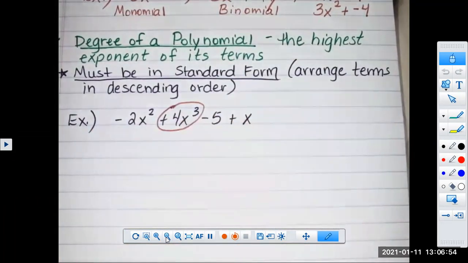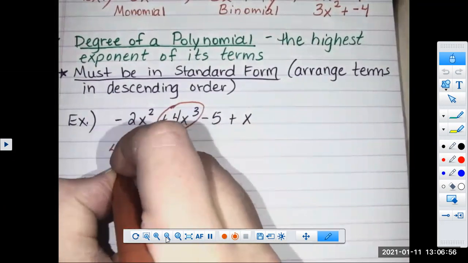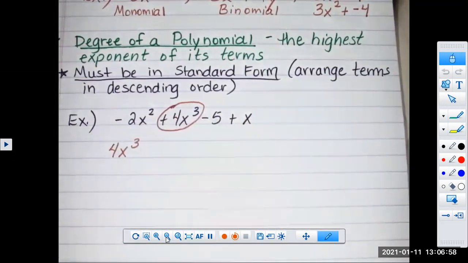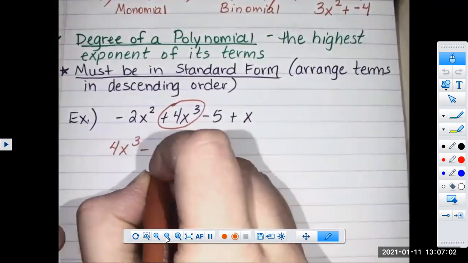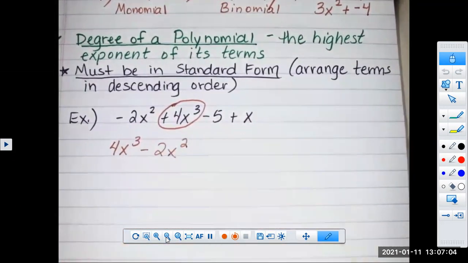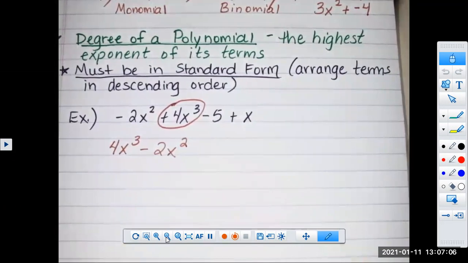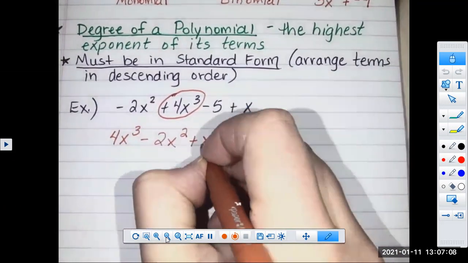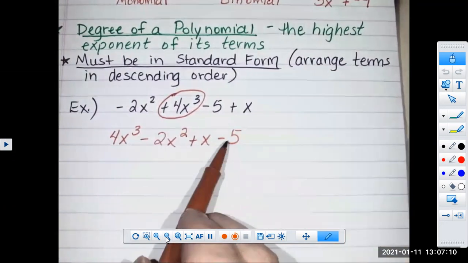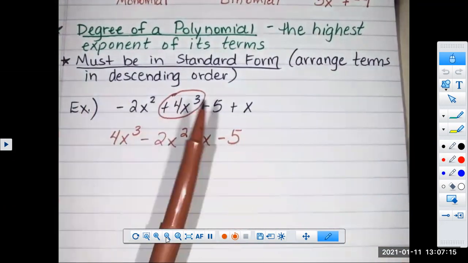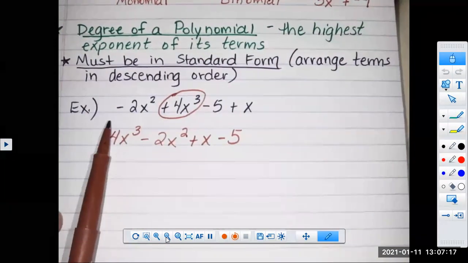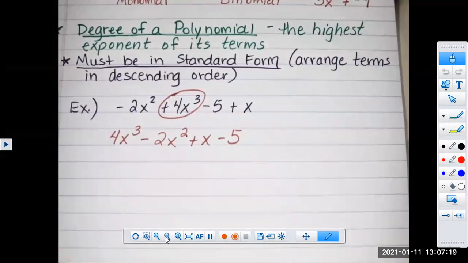It's got the highest exponent. So that, of course, goes first. And then tell me what comes next. Good, minus 2x squared. What comes next? Good, plus x, and then minus 5. Constants always go at the end. This is also known as your leading term. That's your leading term in that polynomial.